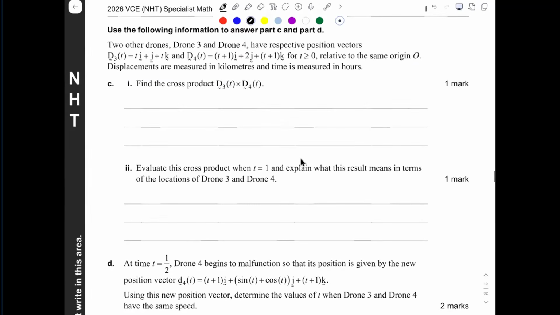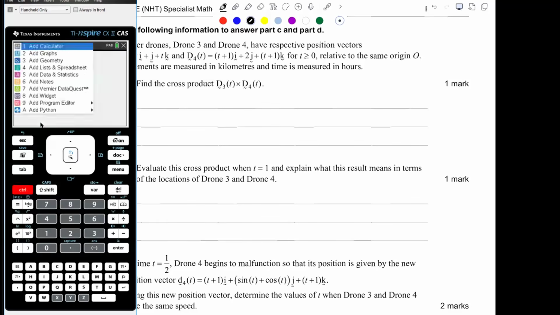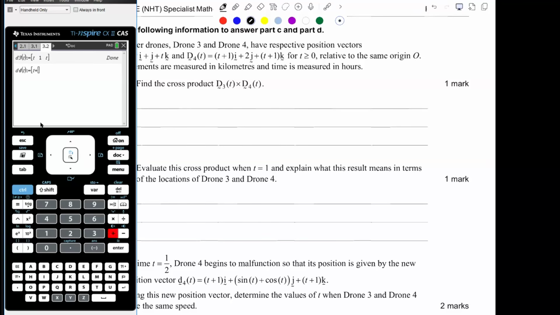Okay, you have drone 3 and drone 4. Define them: t, 1, t and t plus 1, 2, t plus 1, relative to the same origin, displacement measured in kilometers, time measured in hours. So if you define d3 of t as t, 1, t, d4 of t is t plus 1, 2, t plus 1.